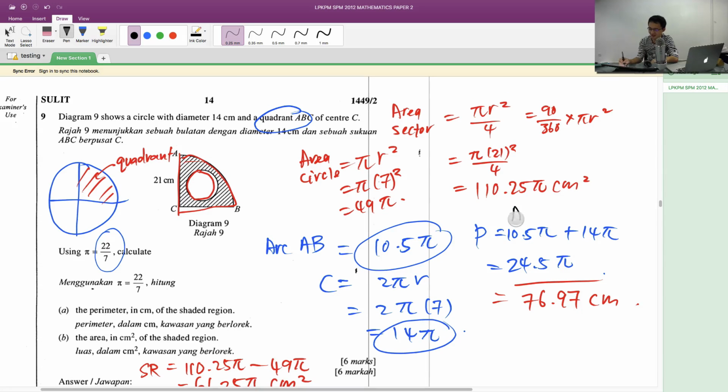This is the arc length, and then this is the circle. But for perimeter, we forgot about 21 and 21. So we should add another 21, which is 42. So this answer should add 42. Yeah, so the perimeter we get 76 point, okay, we call it 77 plus 42. Yeah, it's 119. Yeah, right. Thanks for that, Rania.